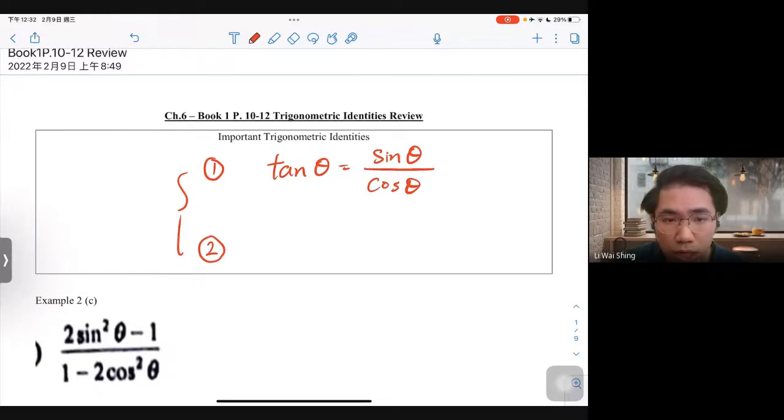Give me one. Another identity. Which 2 things add up together equals to 1?